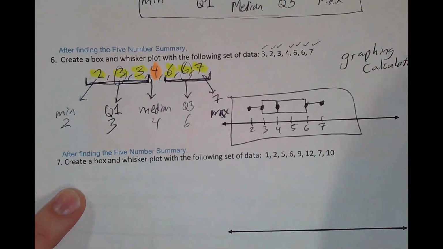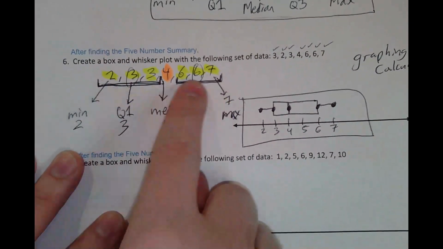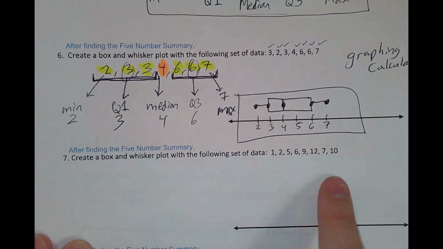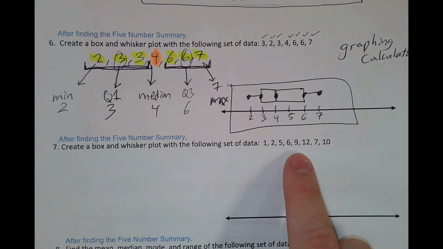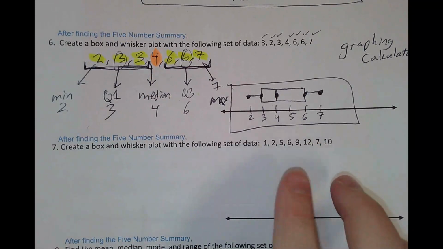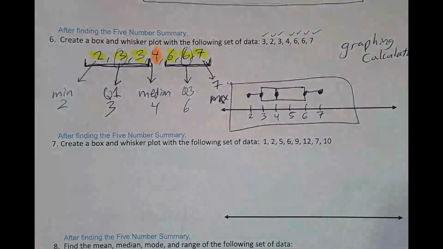So using a graphing calculator is incredibly important, because what if you have an odd number of numbers in your list? What if it's an even amount of numbers in your list? It's a little bit different when you have different amounts of numbers in your list, and using a graphing calculator makes it easier.